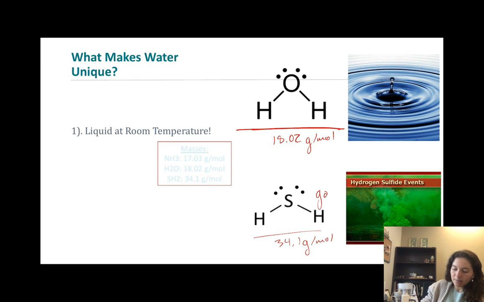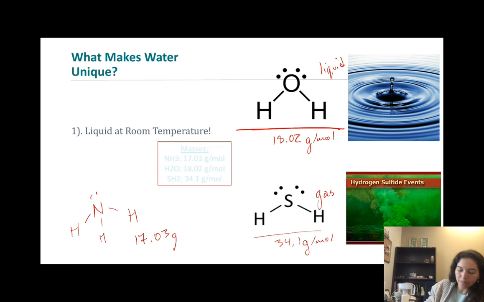It's a gas, but this one's a liquid. Something's going on really weird here. Our NH3 has a mass of 17.03 grams per mole. It's a gas too. So water has a very unique property that lets it do this.